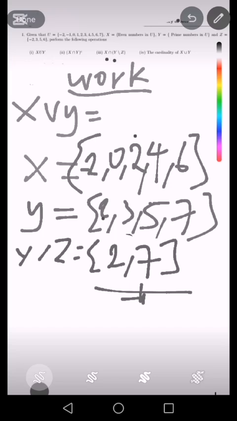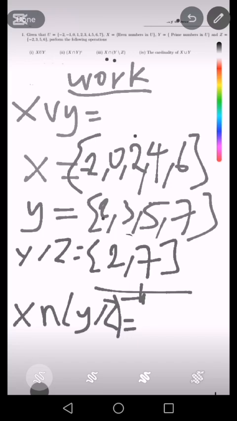Now the question wants x intersection y over z.